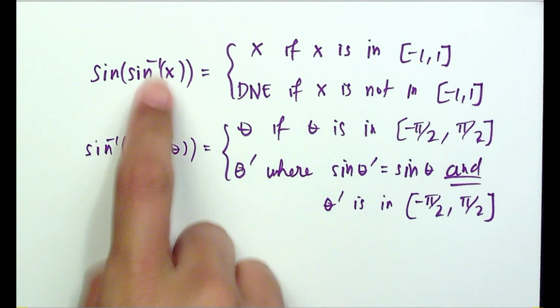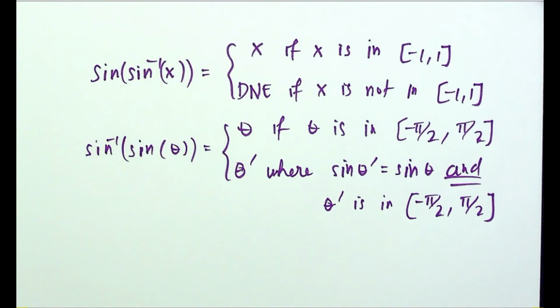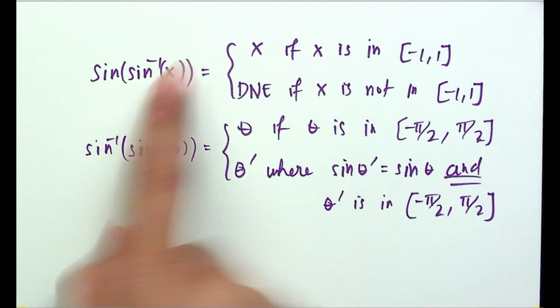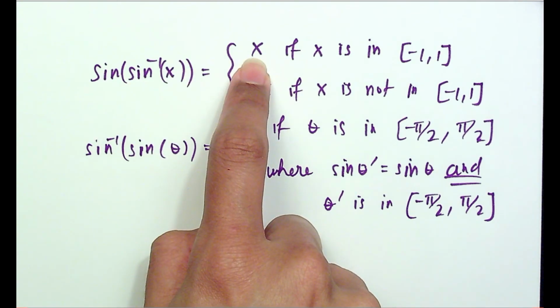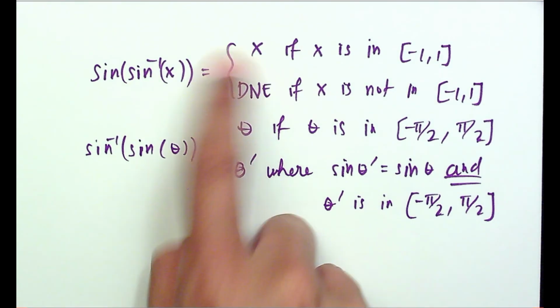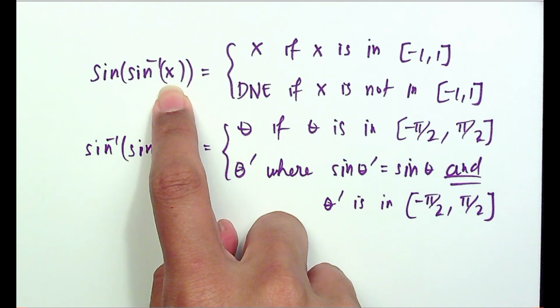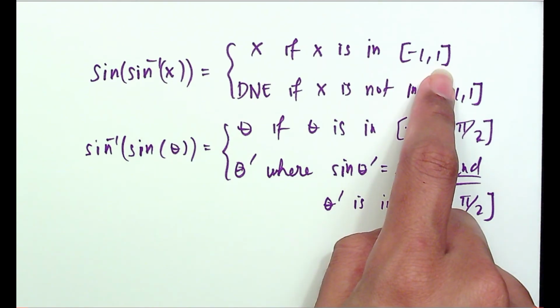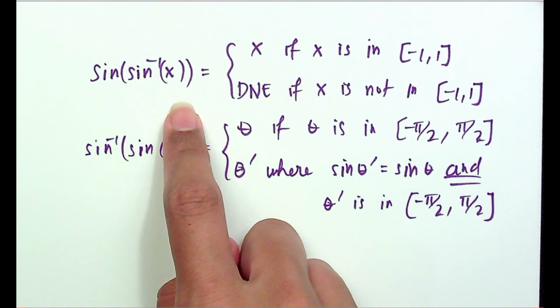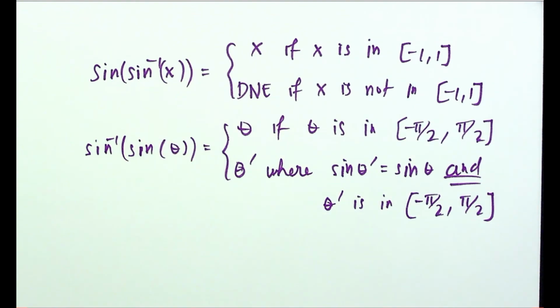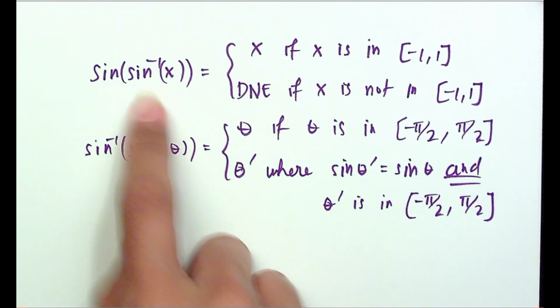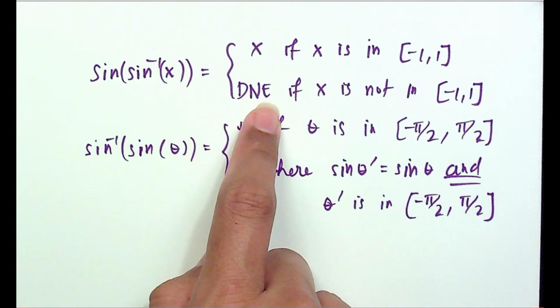As long as it makes sense to plug in x, you're going to get back x. So you have to memorize the domain, which is between -1 and 1. If you try to plug in a number that is not between -1 and 1, such as 2 or 3, then that is absolute nonsense and the answer does not exist.